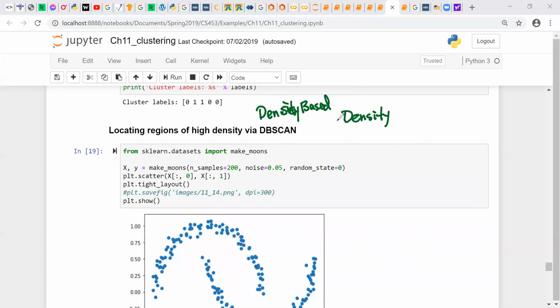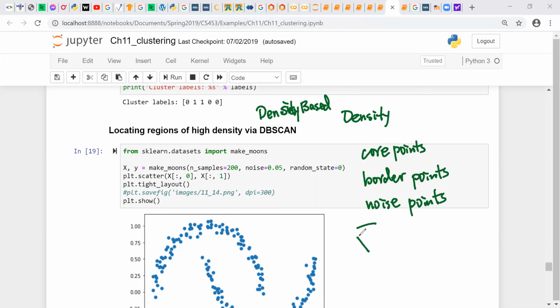So what does density-based mean? In density-based clustering, there are core points, border points, and noise points.